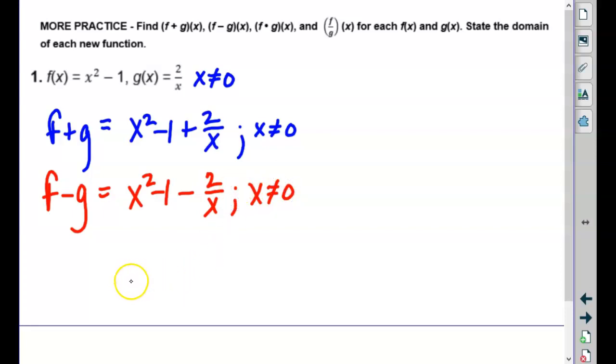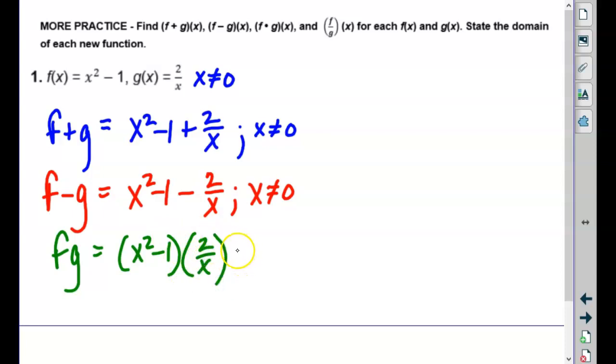Then it says F times G. F times G would be X squared minus 1 times 2 over X. Ugh. If I distribute this, I'd get 2x squared over x minus 2 over x.